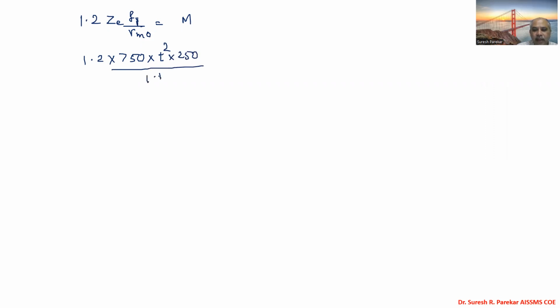And then we will equate it to Md as usual, that is 1.2 Ze Fy upon gamma m0, and that is equal to M. And then we have 1.2 into B into T square into 250 upon 1.1, and moment we have 46.93 into 10 raised to 6.